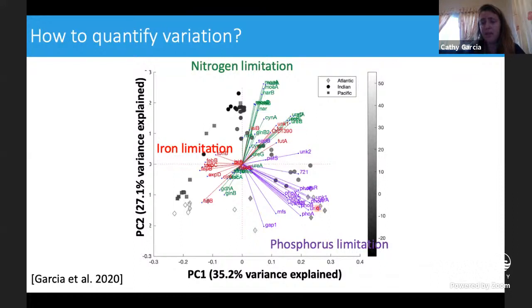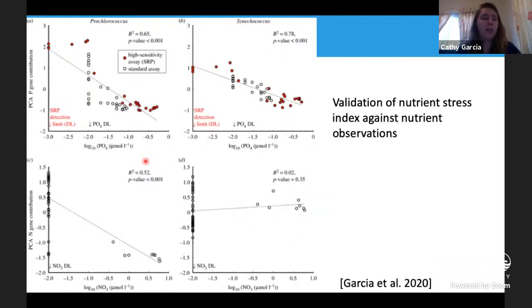From that, along this axis, you can see phosphorus limitation, then coming around to nitrogen limitation, and then iron limitation. So we used the PCA along the first axis to develop this stress index. And we validated it against phosphate and nitrate concentrations along this research cruise.